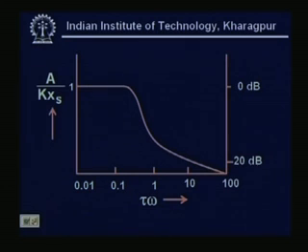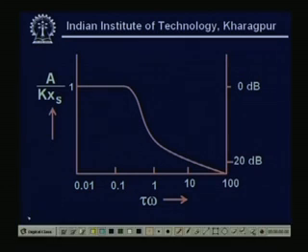Now, we have plotted the normalized value of the output versus omega tau. Instead of omega, we have plotted omega tau. We want to make it unitless, that is the reason. Omega is in radian per second, tau is in seconds, so it is dimensionless.